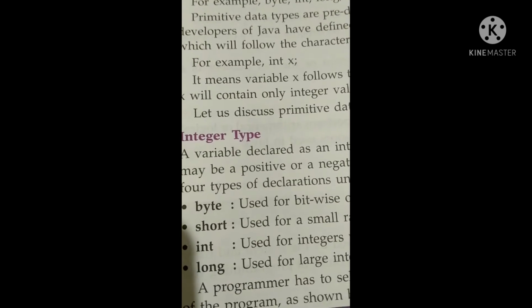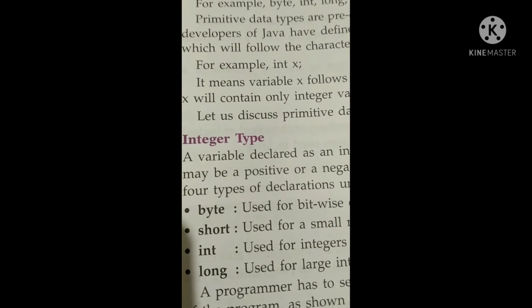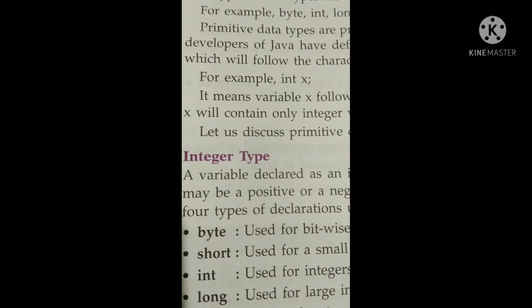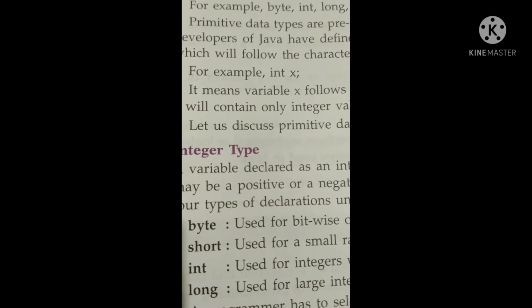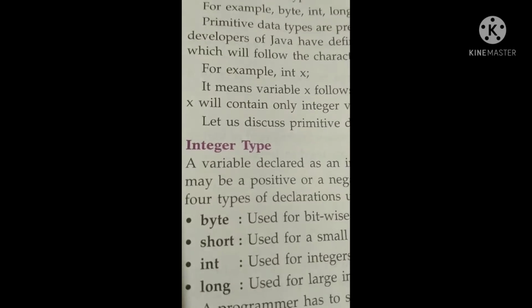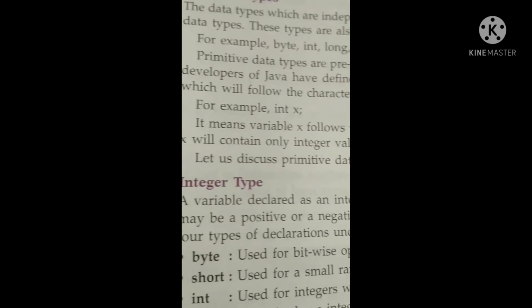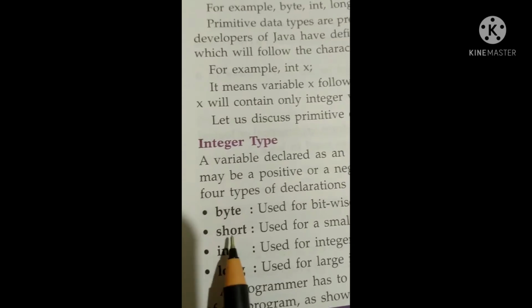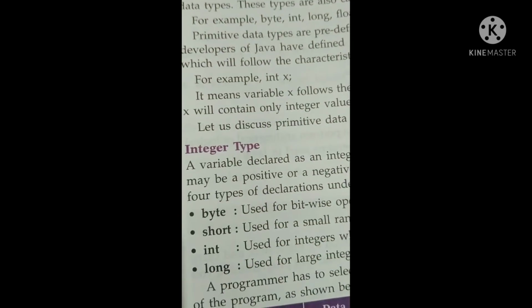If a person's age is 18 or more than 18, or more than 19 or 80, we are using only two-digit numbers in the program. So we will take the short integer type in that type of program.